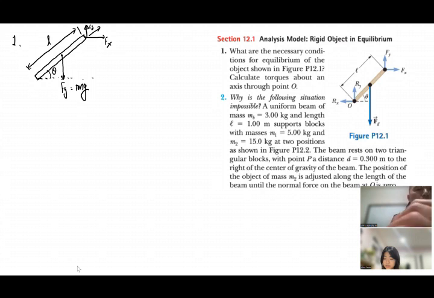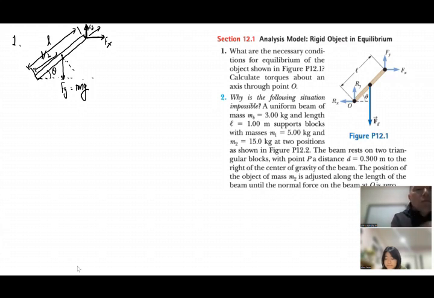And now I think only the vertical force has an effective torque on that rod. The center of mass is sitting on the middle of this rod, and that is L over 2.